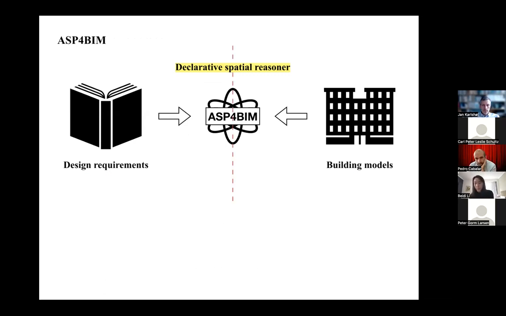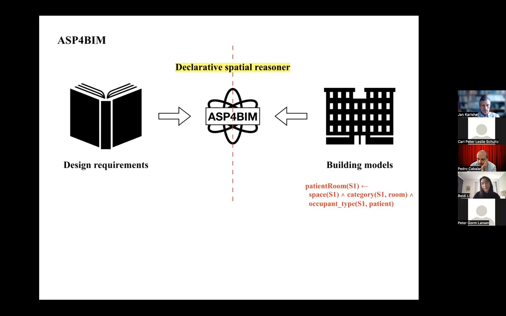For example, we can formalize design requirements as very simple logical rules, which provides a clean and verifiable encoding that everybody can check to see if the semantics are correctly translated.